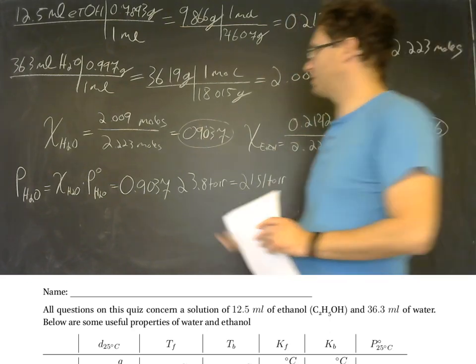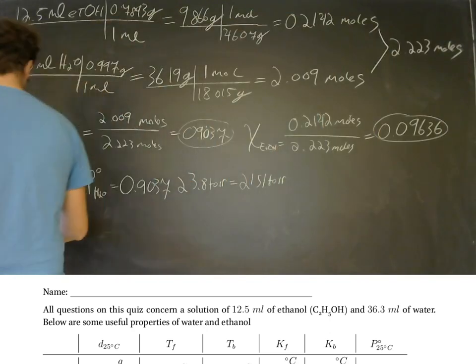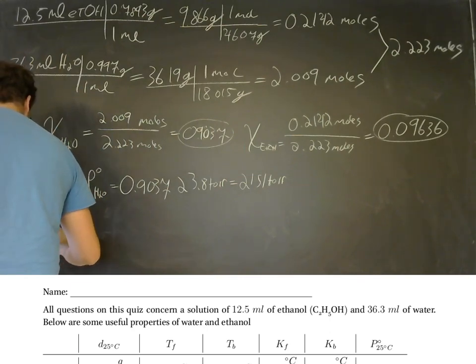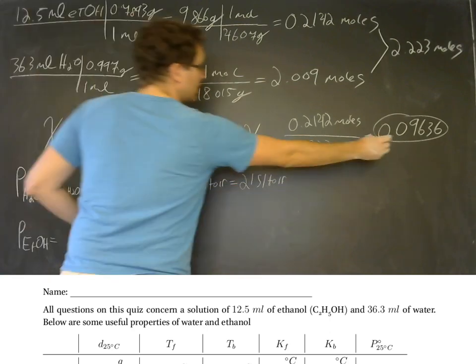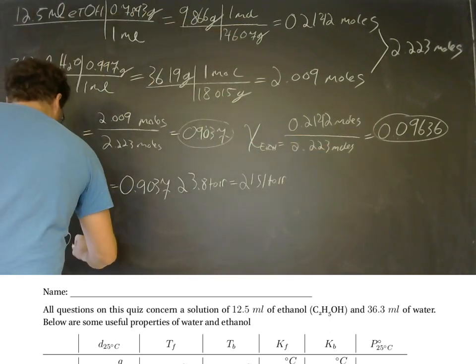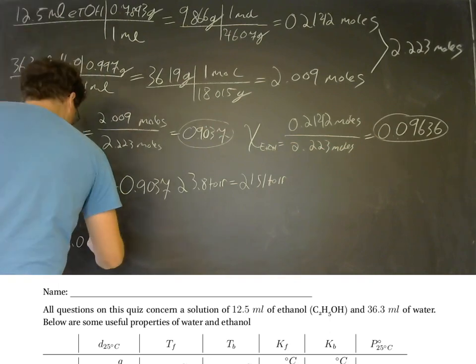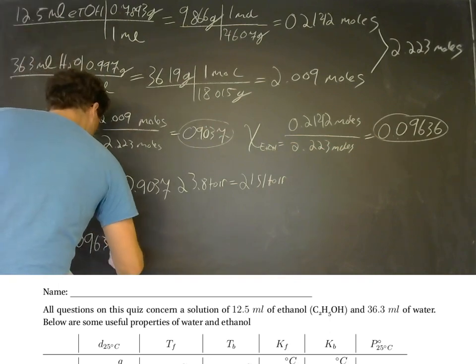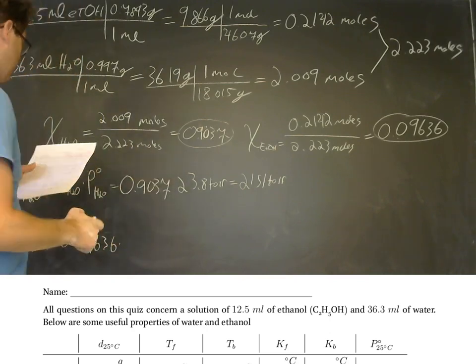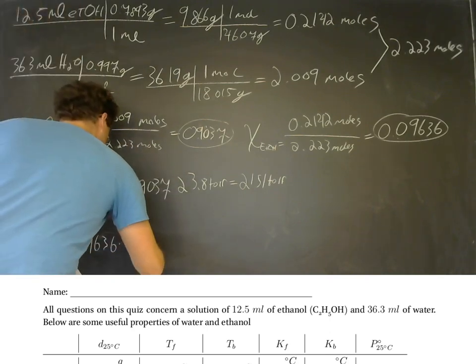We can do the same thing for ethanol. The pressure of the ethanol is going to equal its liquid mole fraction, which is 0.09636, times its pure substance vapor pressure, which is 44.6.